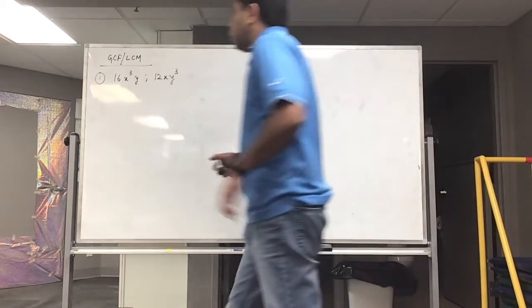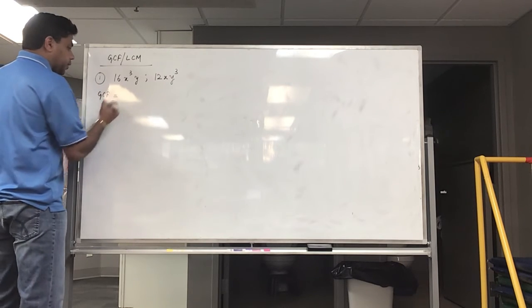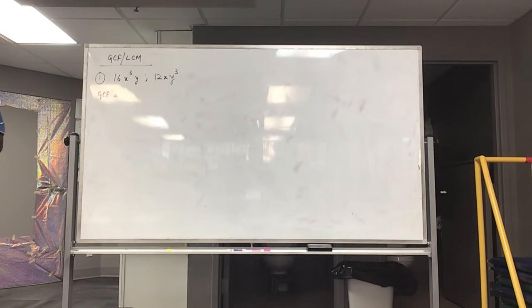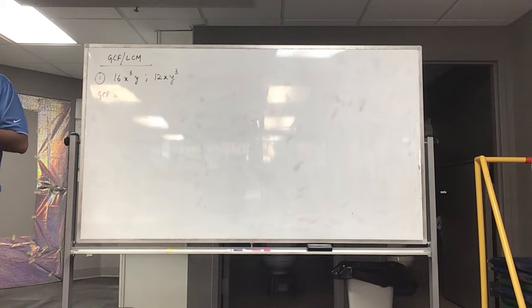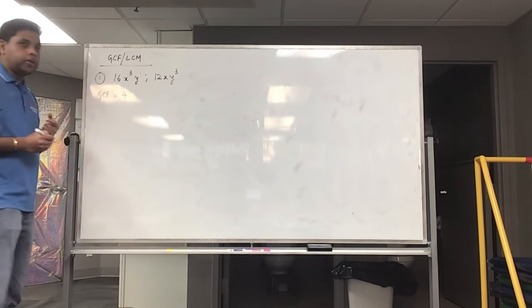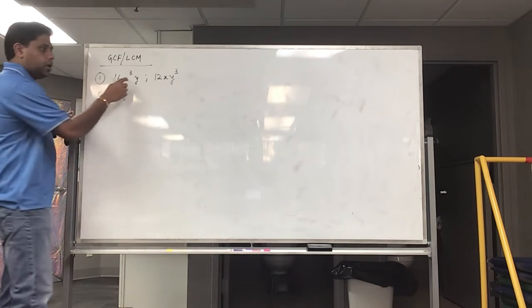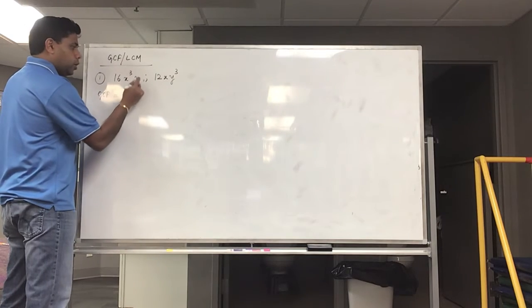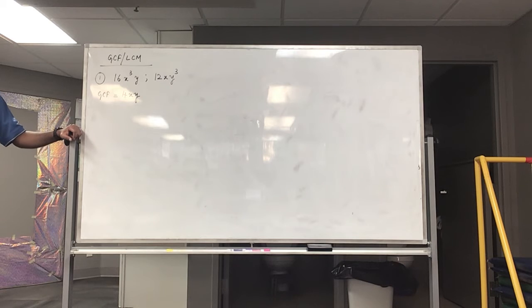Right. So let's start with the GCF, greatest common factor. It has to be common. It is a factor. It has to be the greatest. 16 and 12: 4 times 3, 4 times 4. The greatest common is 4. And for the variables, you're looking at the lowest exponent of the variable. x to the 1, y to the 1. So 4xy is the greatest common factor of these two.